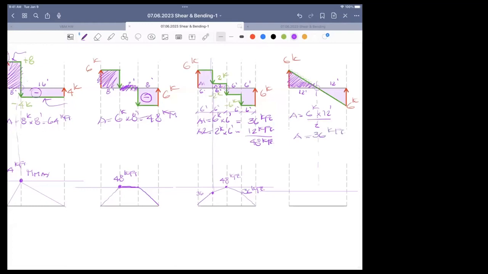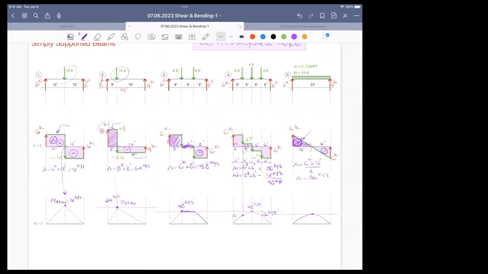So this one, the maximum is 36 kip foot. And if your shear diagram is sloping, your moment diagram is going to be curved. If your area is positive, the curve rises. If your area is negative, the curve drops. Plus, it should be symmetrical.